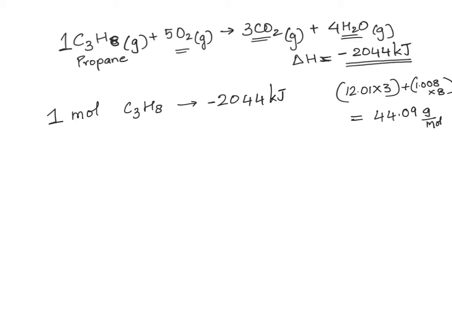So this conversion factor can also be written as 44.09 grams of propane, when it goes through combustion, releases 2044 kilojoules of energy.